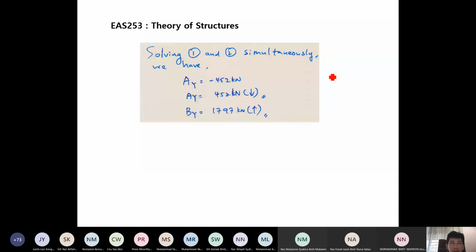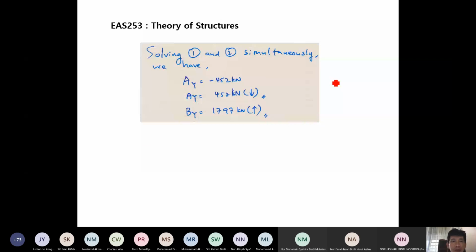Instead, we have to solve simultaneous equations. This is one of the things that we would like you to be aware of, because sometimes, because of the changes in location of the hinge, the calculation process will be a bit more lengthy because you need to solve simultaneous equations. Of course, the basic principle used is still equilibrium.